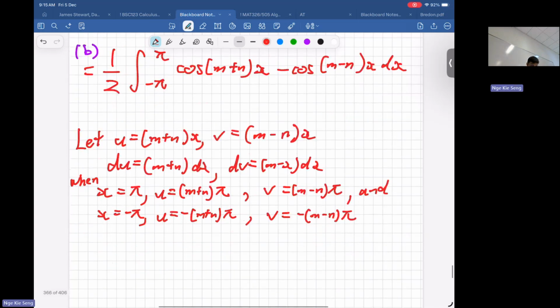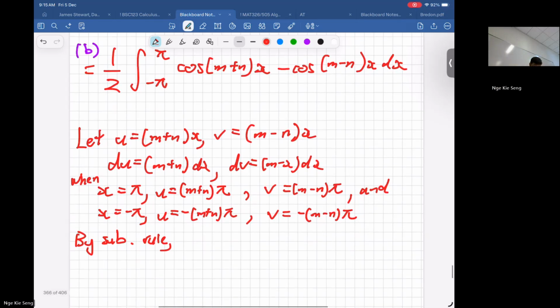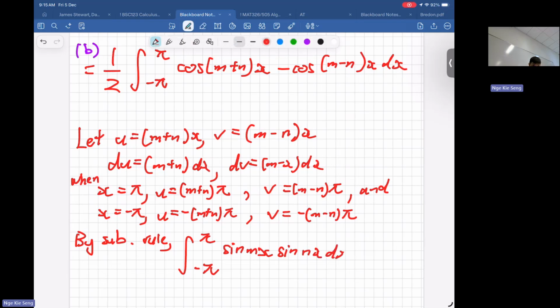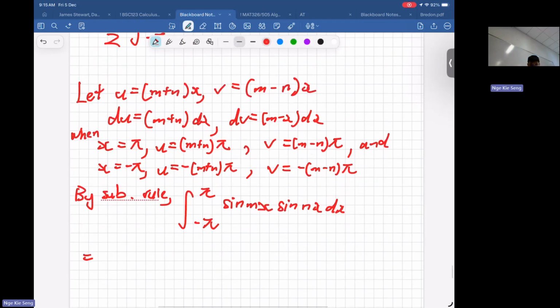So just do the substitution rule. Very routine work. So we just substitute everything back, which we get.